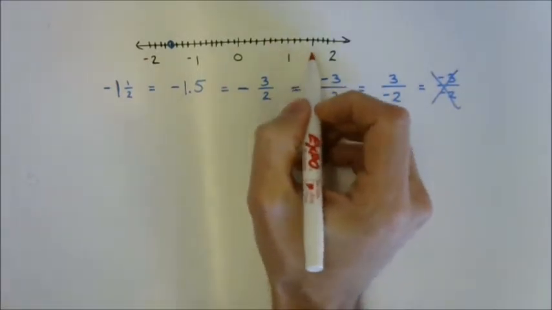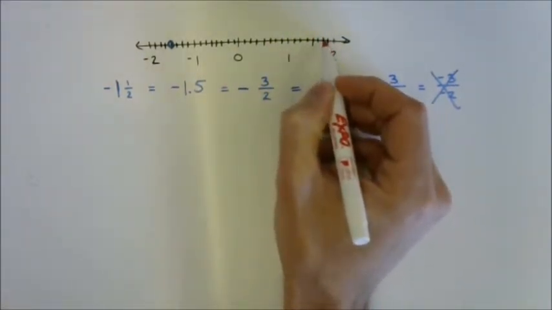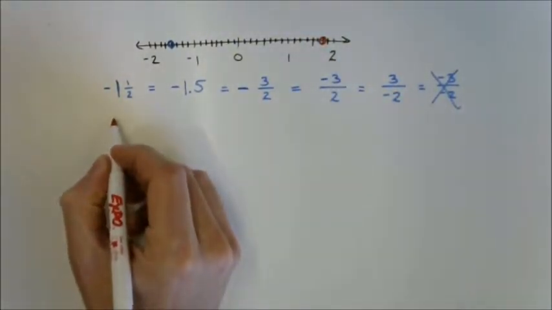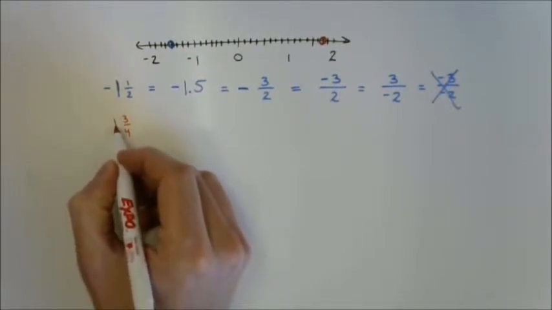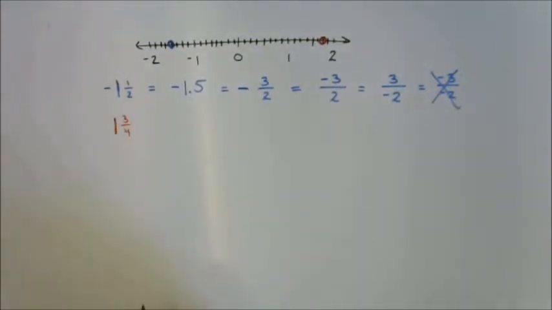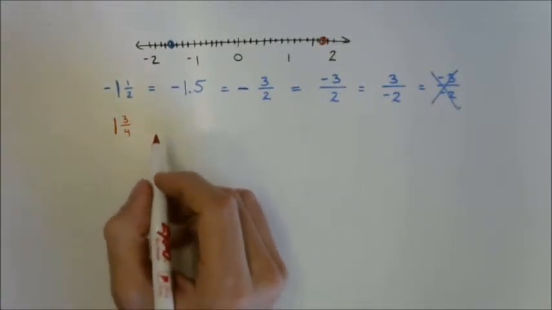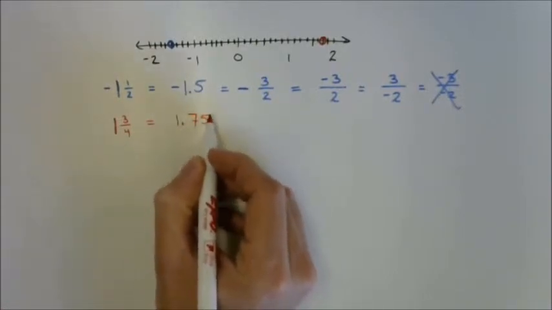Let's go up over here to this one right here. It's 1 3/4 as a mixed number. Can you think of other ways to represent 1 3/4? 1.75. As a decimal, it's 1.75.